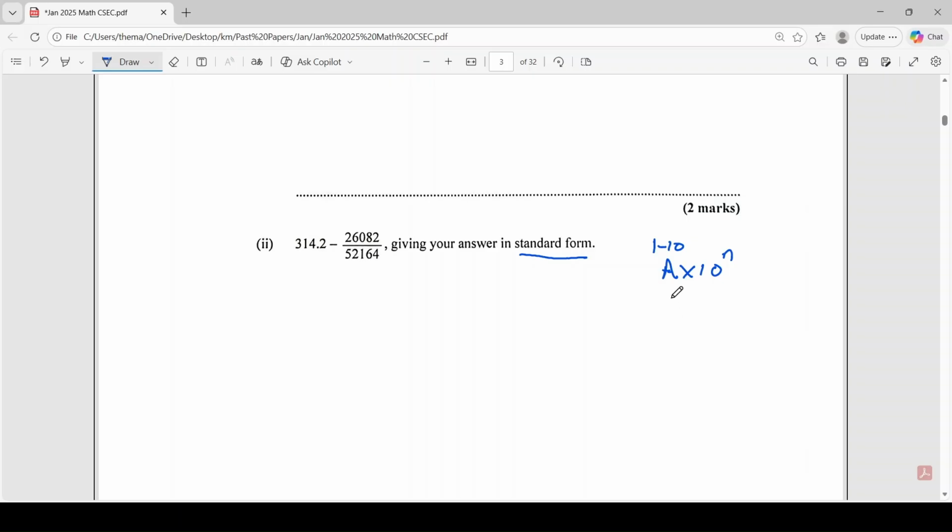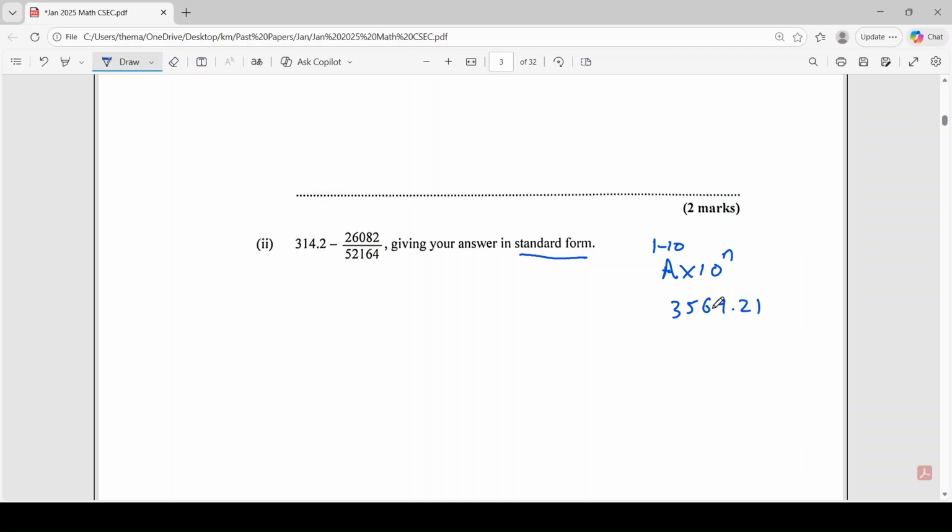So, for example, if we had 3569.21, we want to write this in standard form. We need to shift this point in such a position that the number we end up with is a number that is between 1 and 10. So, if we leave the point as it is here, that is 3569.